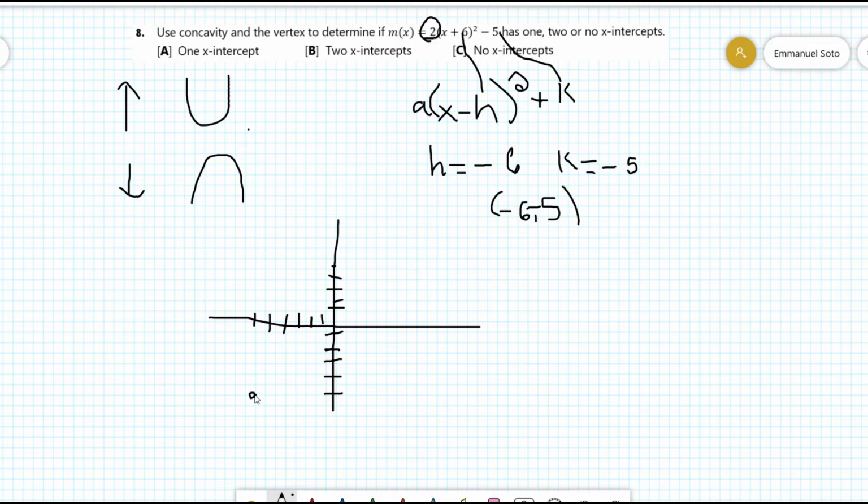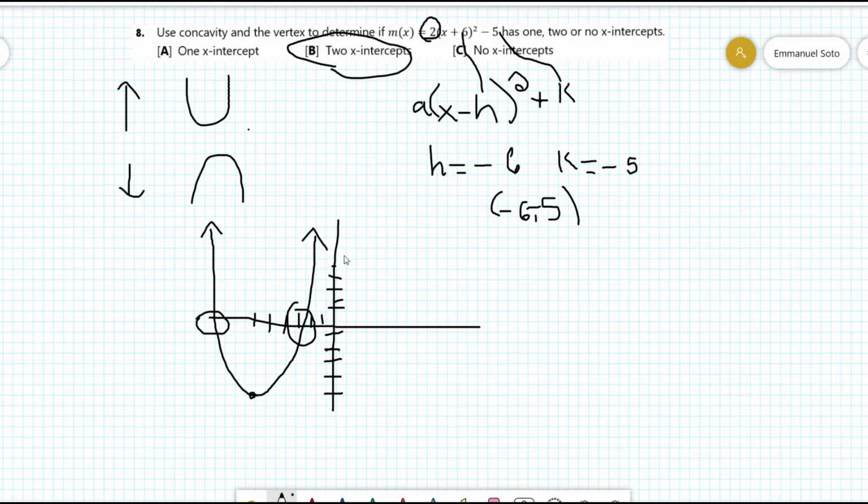So we're all the way over here. All right, so that means it looks like it's concave up. So it looks like a smiley face. That tells me that it has to cross somewhere, and it has to cross the x-axis twice. So therefore, there are 2 x-intercepts here.